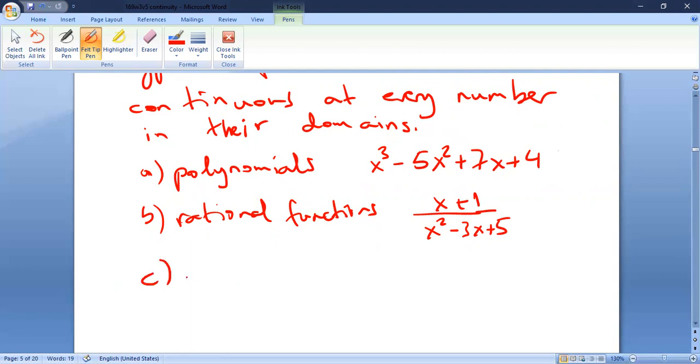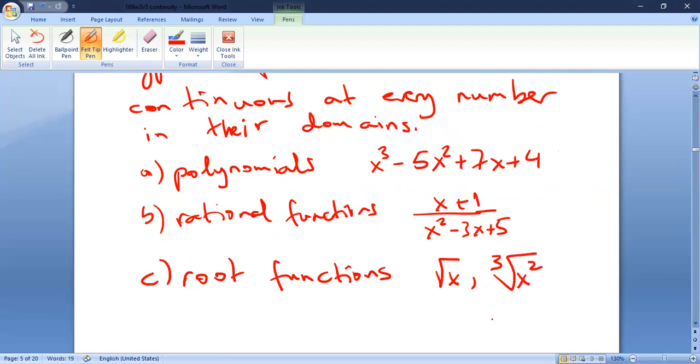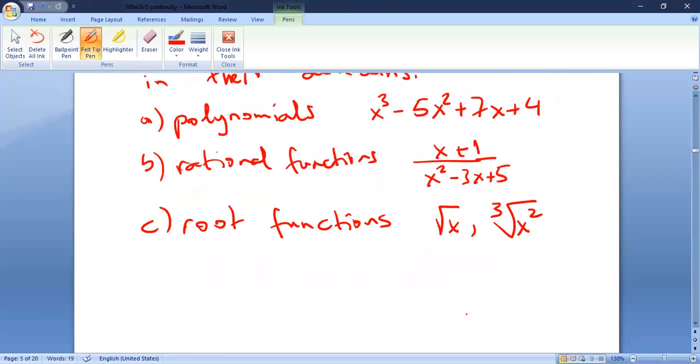Or root functions, as long as they are defined, like square root of x or cube root of x squared. Well, the first one is defined, its domain is positive numbers and 0. So there, it's going to be continuous.